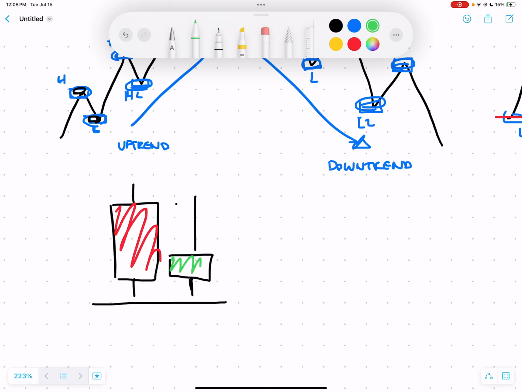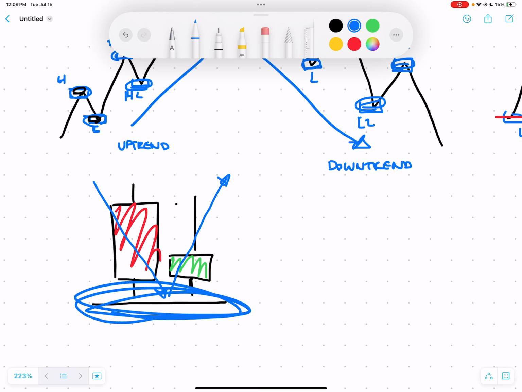Essentially, what this drawing is telling us is that price went down before going up. So this bottom right here would be the low. Whenever there's a change of direction, whenever there's two candlesticks of different colors, this is a low, because price went down and now it's going up.